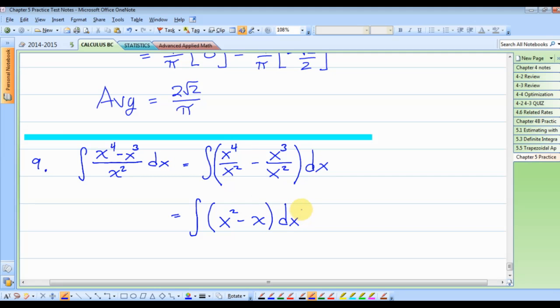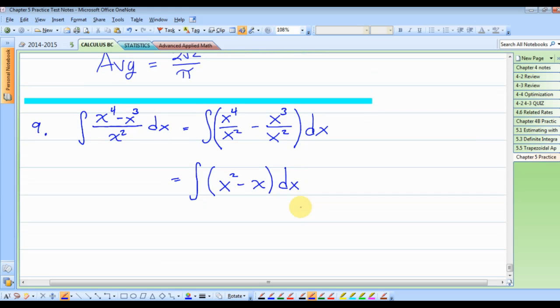Right, you don't have to split it up, really. You get pi over 2. Okay. 1/3 x cubed minus 1/2 x squared plus constant.